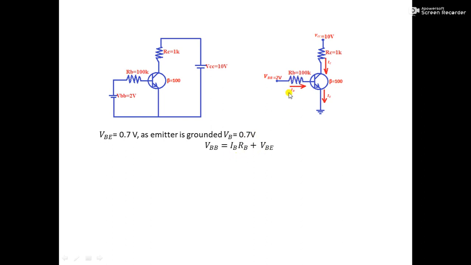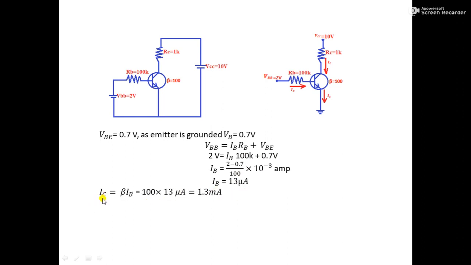Now if we apply the voltage law, then VBB is equal to IB RB plus VBE. From this equation, putting all these values, we can calculate IB, which is equal to VBB minus 0.7 divided by 100 kilo ohm. So it becomes 13 microampere.